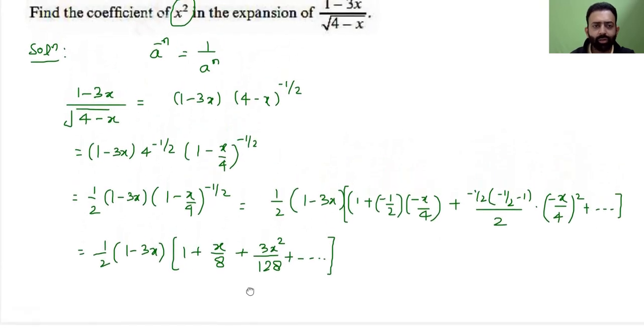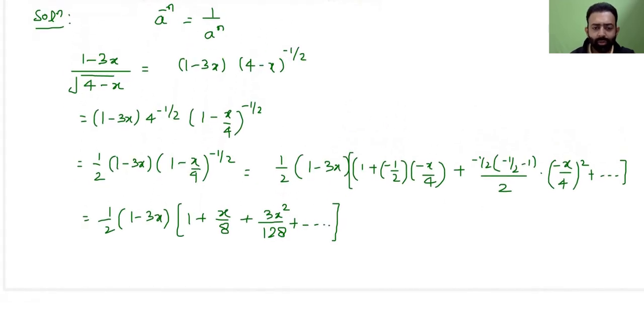Now we have to find out the coefficient of just x square. So we will get the coefficient of x square if we multiply this constant, this 1, with x square. You will get one coefficient, which is 3 by 128, and the next coefficient will be obtained by multiplying this 3x term with the x term. So if you multiply x with x, you will get x square, and if you multiply a constant with x square, you will get the coefficient of x square, right?